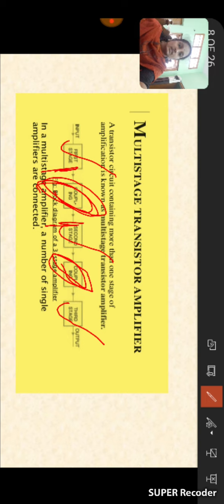This is called the cascading connection. Then the amplifier is called a multi-stage transistor amplifier. Is it clear? In a multi-stage amplifier, a number of single stage amplifiers are connected together. That is called a multi-stage transistor amplifier.